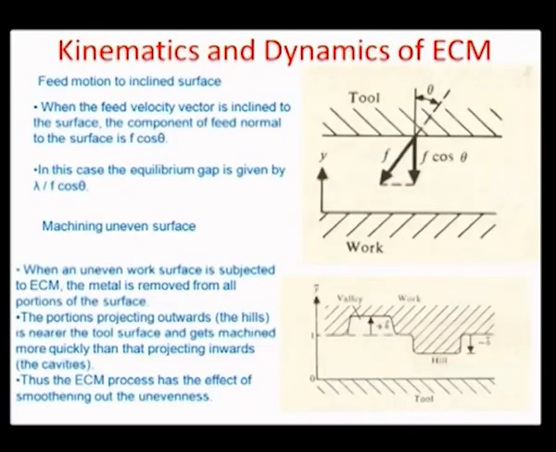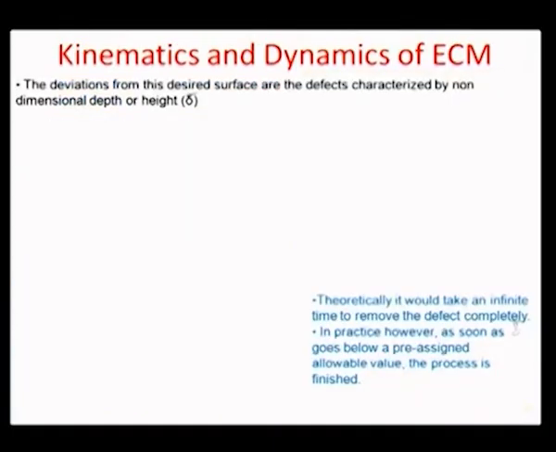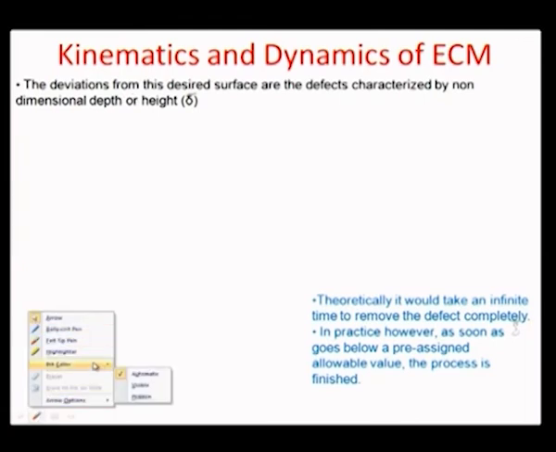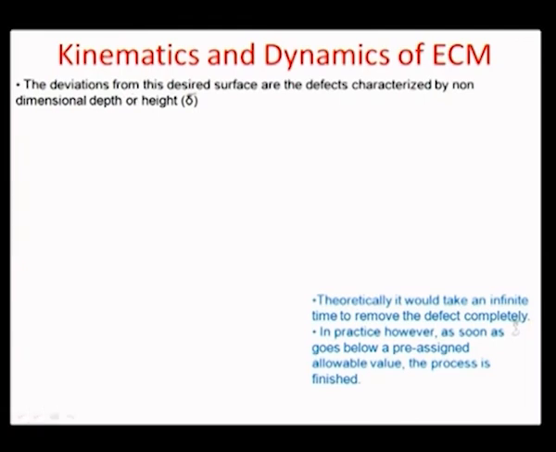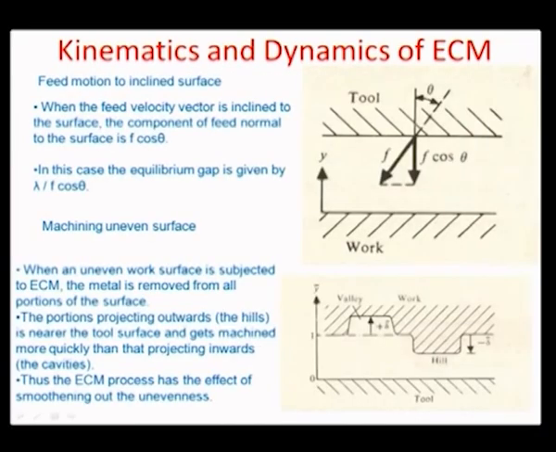So let us assume that the deviations from a desired surface, as written here, are the defects characterized by non-dimensional depths or height delta dash. Okay. Now let us look at it in a little more detail, as illustrated in this previous slide, that we are working with an uneven work surface, subjecting it to ECM.